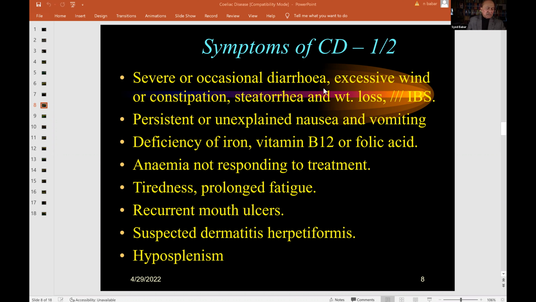And some of these symptoms are fairly similar to the symptoms produced by irritable bowel syndrome. There may be persistent or unexplained nausea or vomiting, retrosternal burning, similar to reflux esophagitis. There could be features of anemia with nutritional deficiencies of iron, vitamin B12, or folic acid.